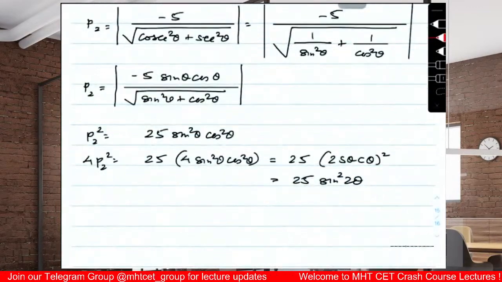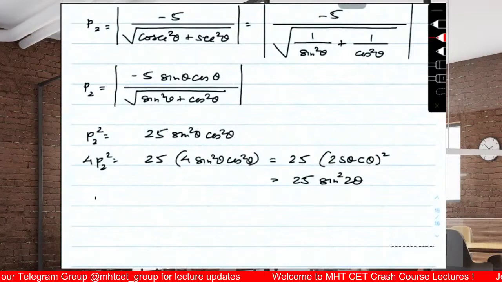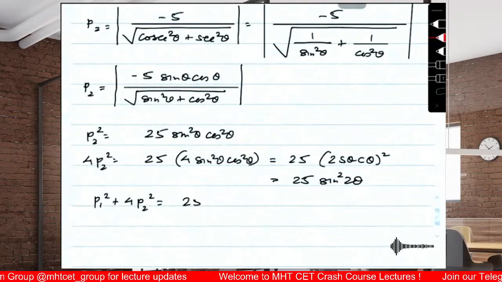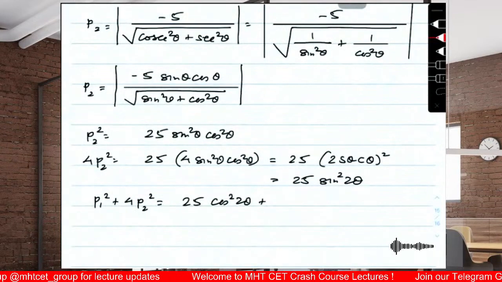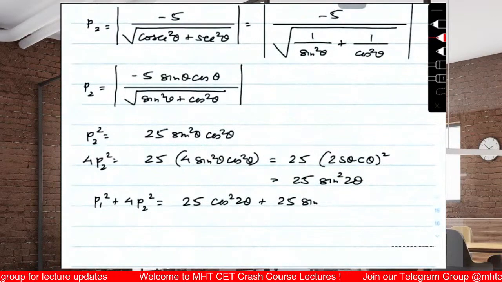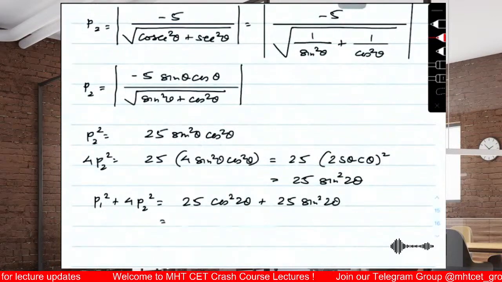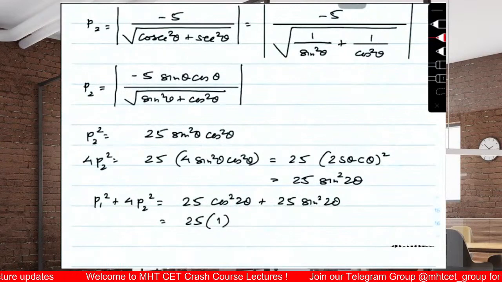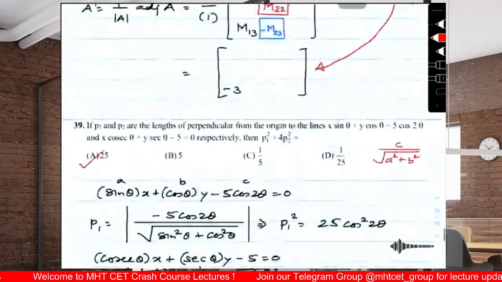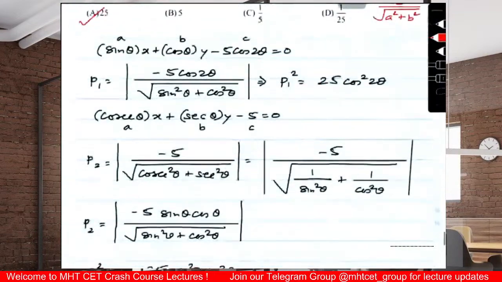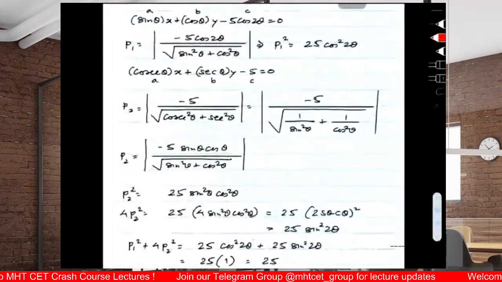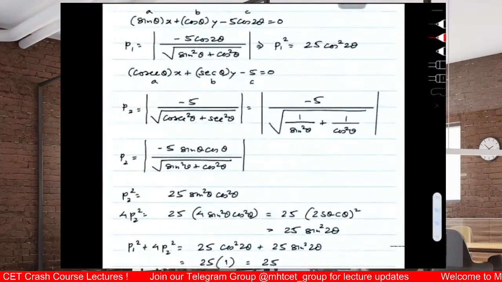So if you add P1 square plus 4 P2 square will be 25 cos square 2 theta plus 25 sin square 2 theta. That is 25 into 1. That is 25. Option A. लिखो.